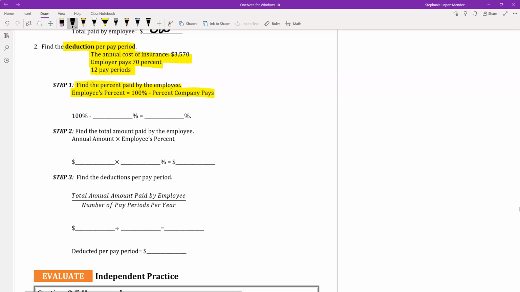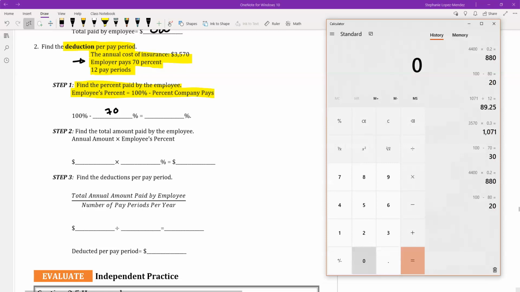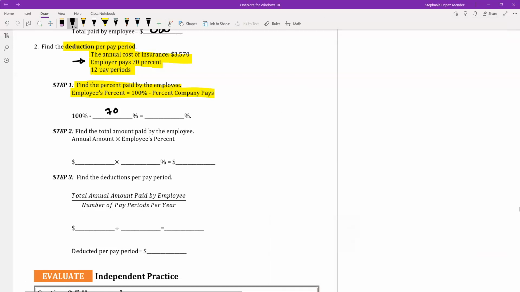So 100 minus 70, since the problem says the employer pays 70%. On my calculator, 100% minus 70% is a total of 30%.